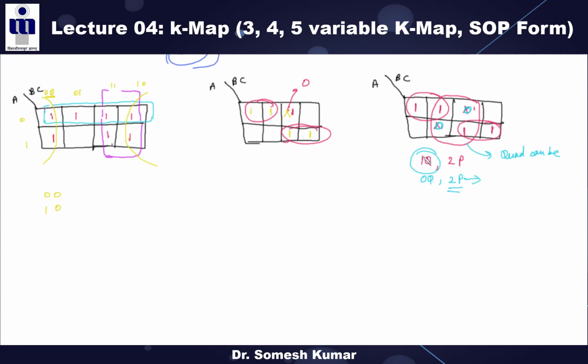So this quad is not compulsory and can be redundant. Clear? These are minor things you have to remember. When you practice 2, 3 more examples at home, automatically it comes to your mind.